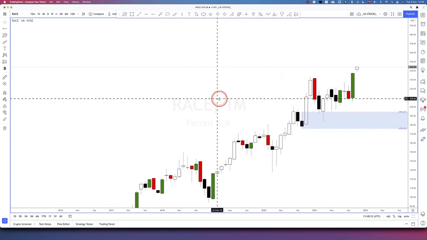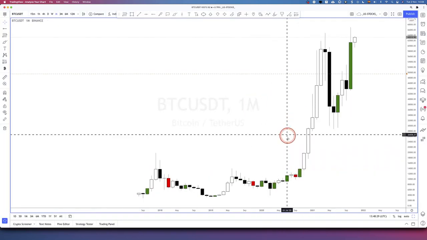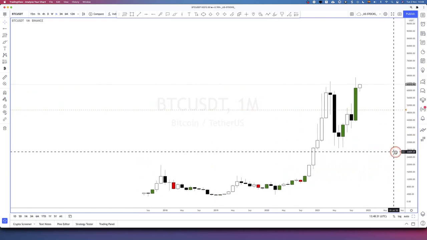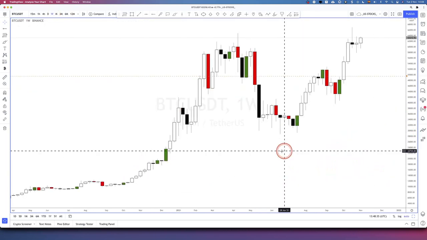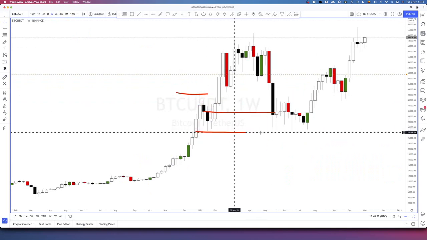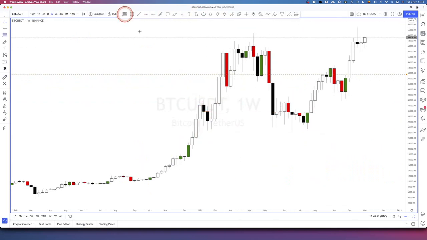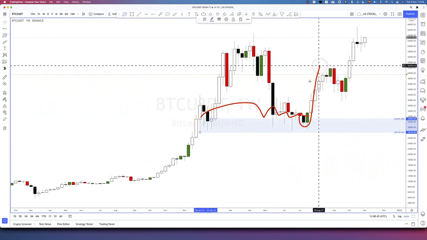So let's take a look at a crypto. I don't know, Bitcoin. So Bitcoin, let's take a look at the weekly time frame, for example. So we have all-time high scenario, an impulse strong enough to consolidate away. So we've got that area of demand, and that's the imbalance.